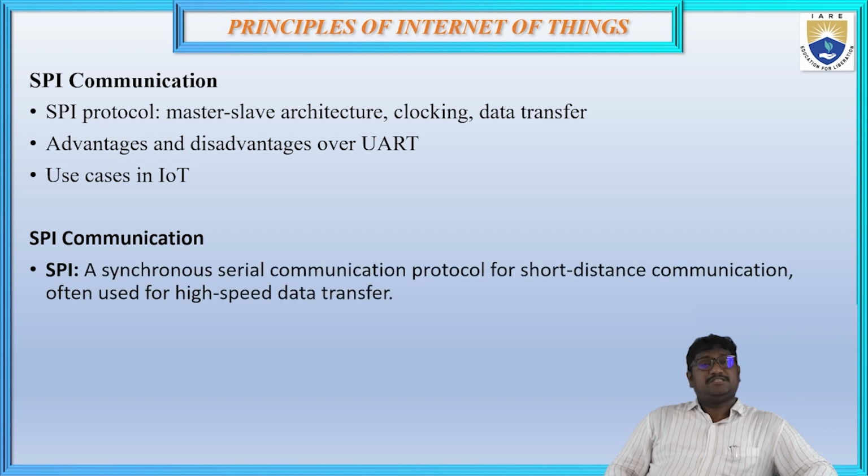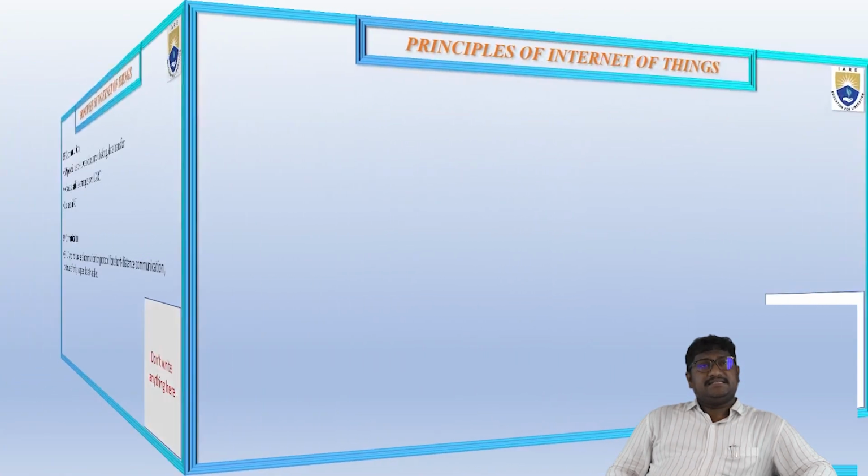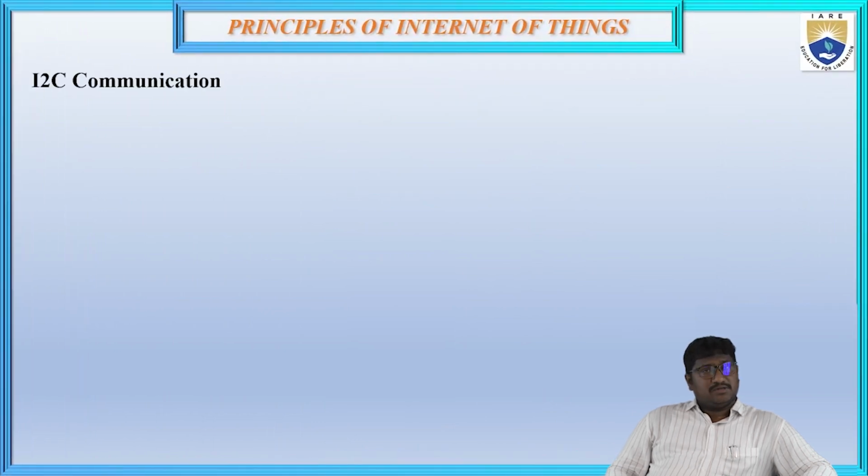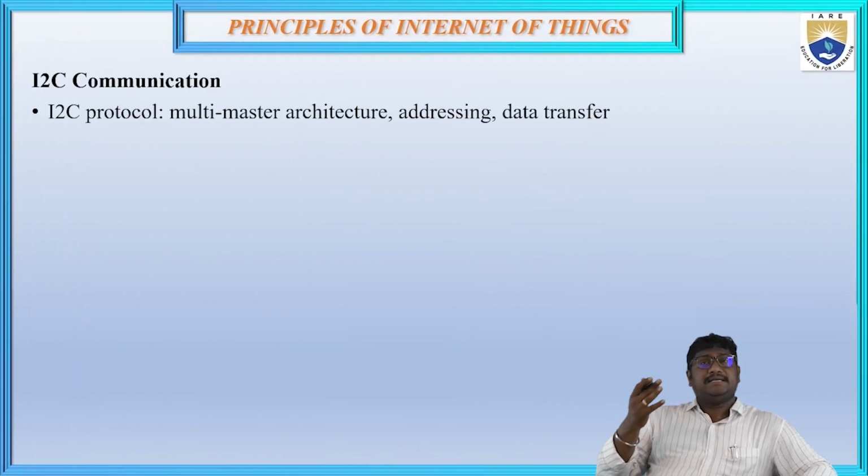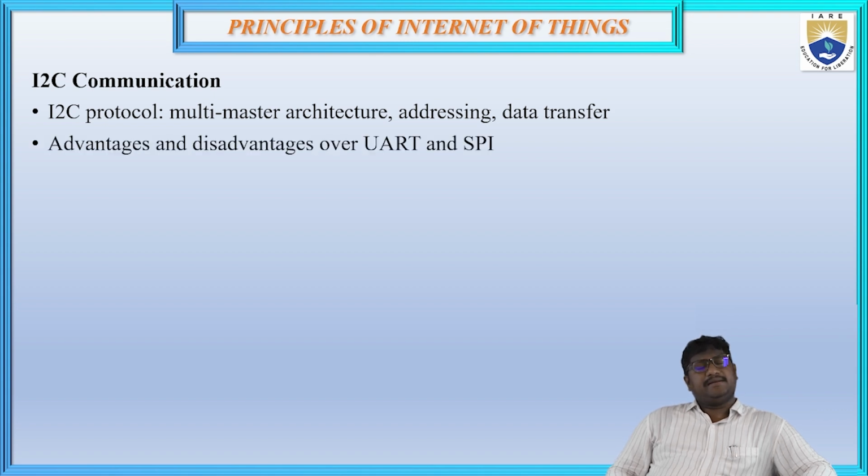SPI communication is a synchronous serial communication protocol for short distance communication, which is often used for high speed data transfer. The next one is I2C communication. I2C communication is a multi-master architecture, and also there is some addressing and some data transfer. About all these UART, SPI and I2C communications, I will give you a detailed lecture in my next class.